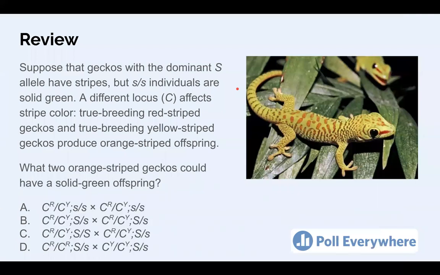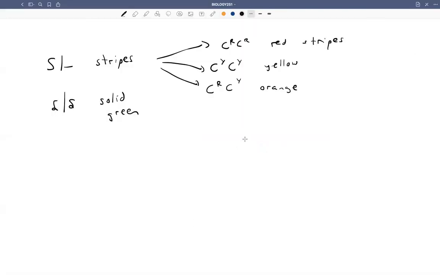So working forward here, let's say we have two orange striped geckos that could have a solid green offspring. So is this possible? We've got orange stripe by orange stripe produces a solid green offspring.